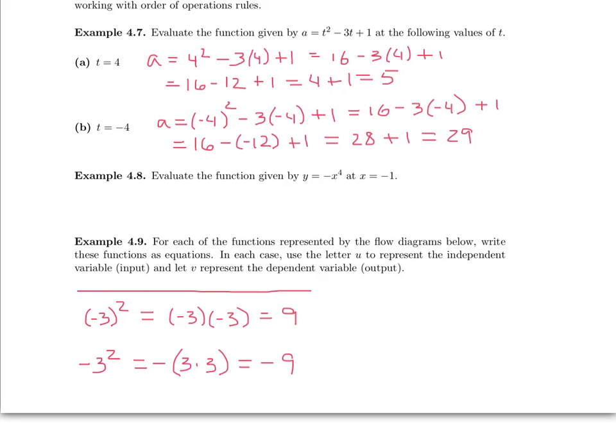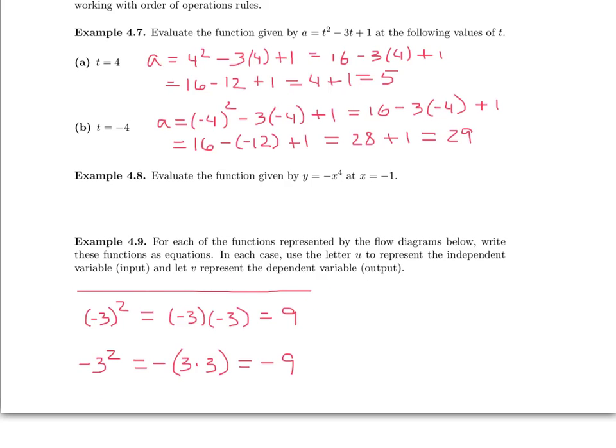Before substituting negative 1 into this function, let's take a moment and make sure we know how to interpret the right-hand side of this equation correctly. Negative x to the 4th. What exactly is being raised to the 4th power here? Is x being raised to the 4th power, or is negative x being raised to the 4th power? Remember what you learned down here.